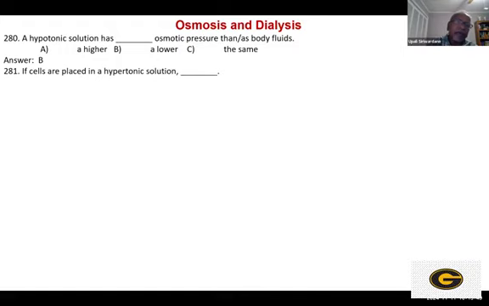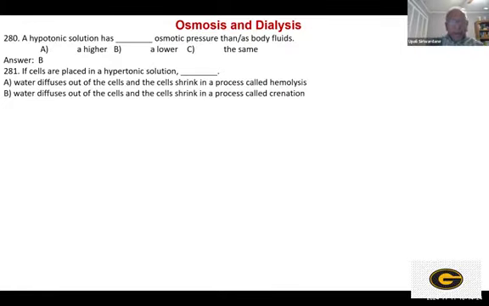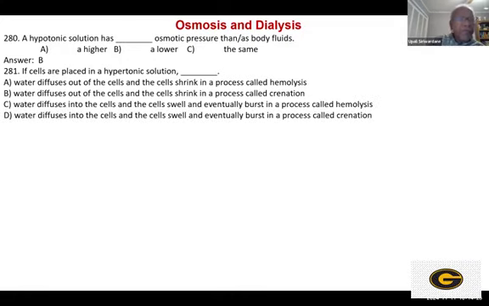If cells are placed in a hypertonic solution, hypertonic means higher concentration. What will happen to the cells? The cells will shrink. When cells shrink in a hypertonic solution, that is called crenation. Let's answer the question.